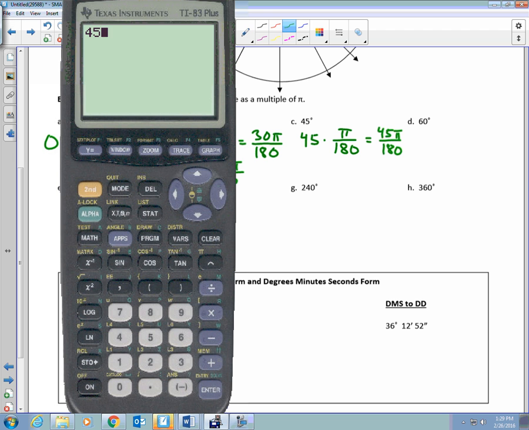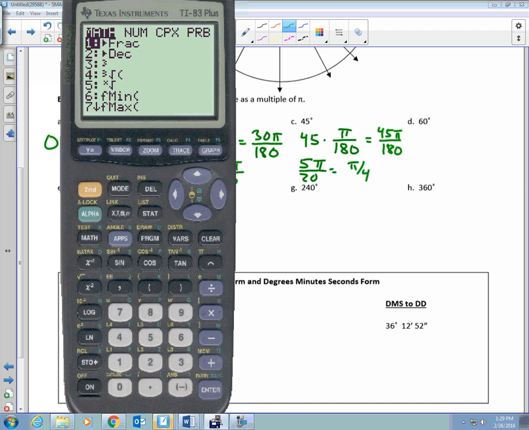So 45 divided by 9 is 5, and 180 divided by 9 is 20. And 5 goes into 20 four times, so we have pi over 4. Some of your calculators do have fraction options, and you can just leave off the pi and say 45 divided by 180. My fraction button is in math, and I can hit convert to fraction, and I get pi over 4. I'd like you to do that to check your answer, but I'd like you to actually try to find it out without hitting the fraction button.